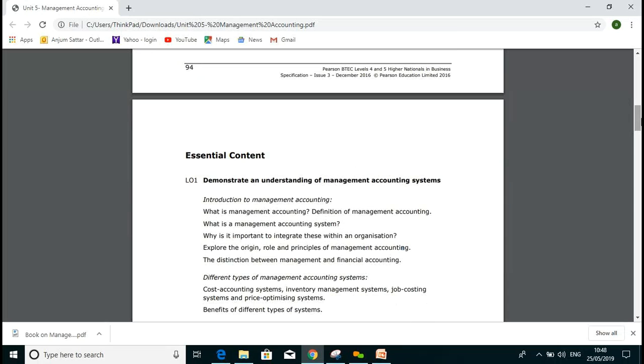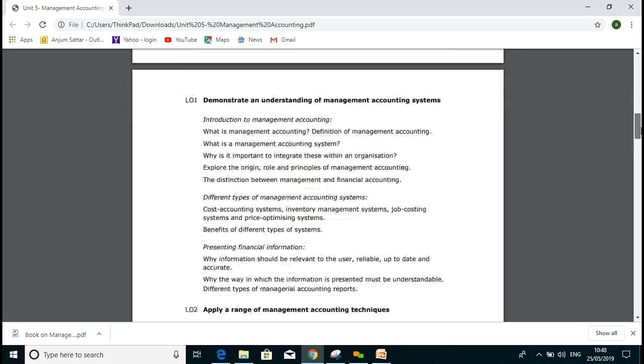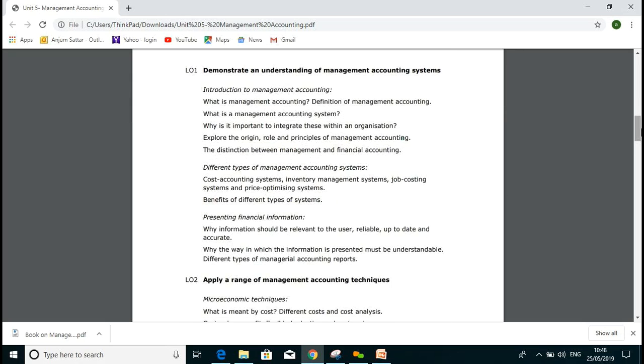First we'll go through the introduction to management accounting: what is meant by management, the indicative content, what we're supposed to learn, what management accounting is, the definition of the management accounting system, why it is important in our organization's role, the principles of management accounting, and the difference between financial and management accounting. Then we'll discuss the costing system: the cost accounting system, inventory management system, job costing system, and price optimization system.